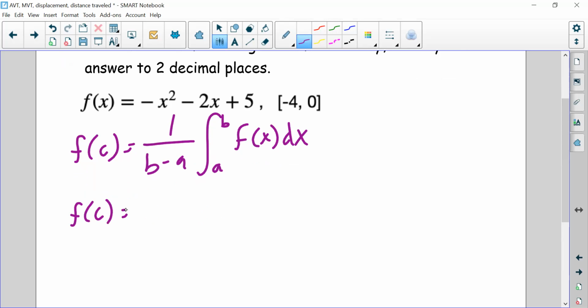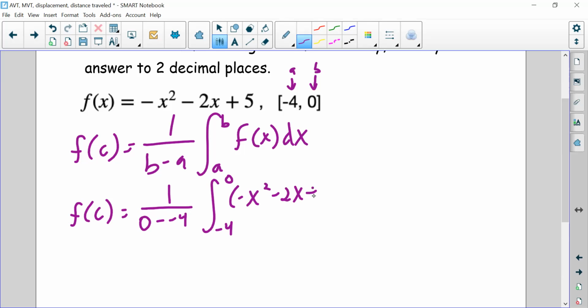And so now I'm going to plug in what I want. Remember, this is my a, this is my b. So f of c is going to equal 1 over 0 minus negative 4, times the integral from negative 4 to 0 of negative x squared minus 2x plus 5 dx.